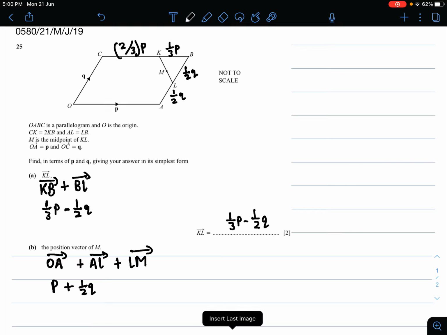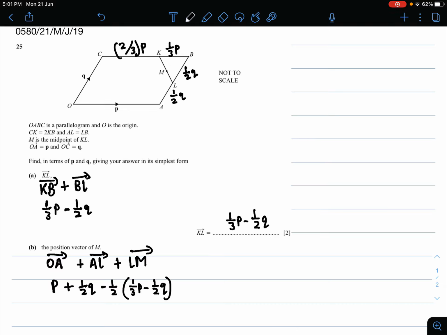Now we found the direction vector of KL, but we are looking at the opposite direction, so it would technically be negative, and M is the midpoint, so we take negative half multiplied by the direction vector of KL, that is 1/3p minus 1/2q.